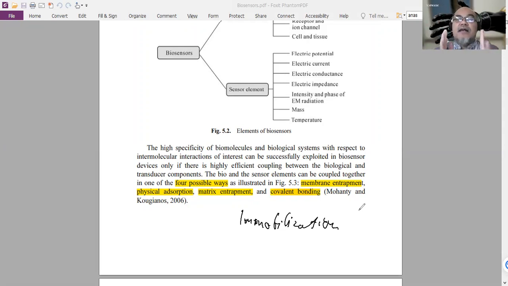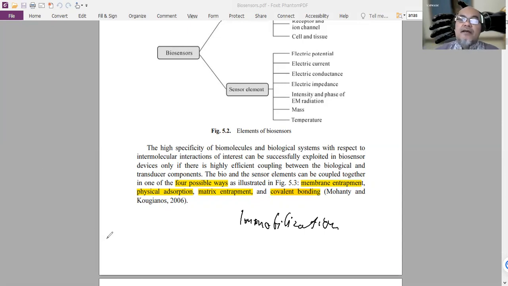Instead, they are attached to the surface of the transducer. In that case, whenever there is a physical chemical change to the bioelement due to the reaction with the analyte, that change will immediately also affect the transducer it is attached to.